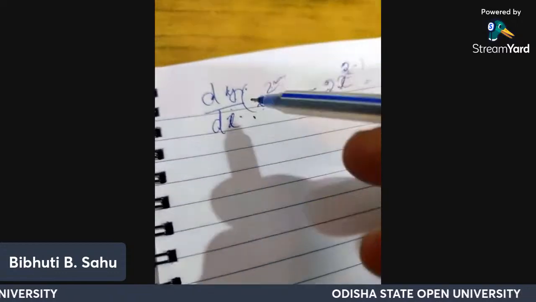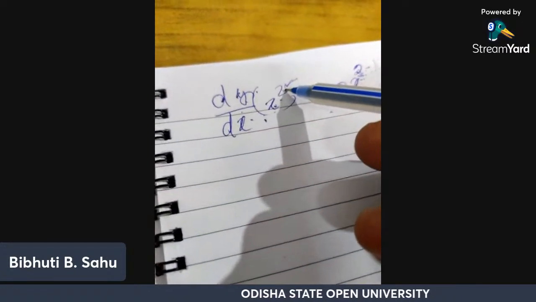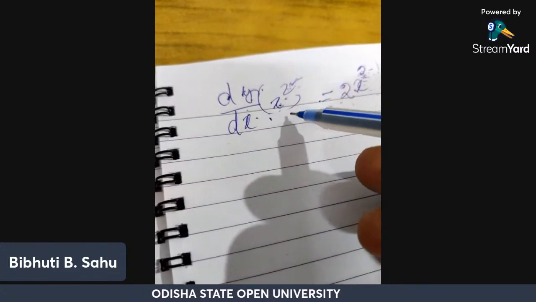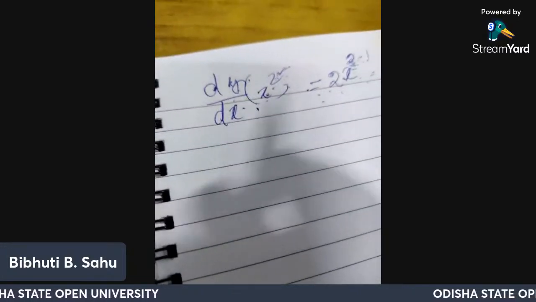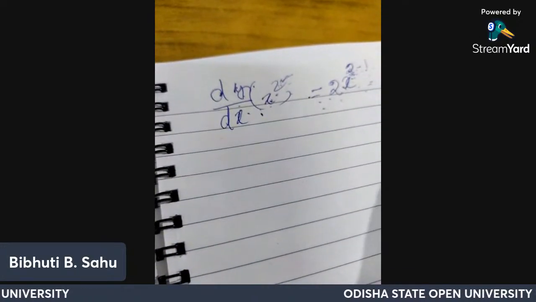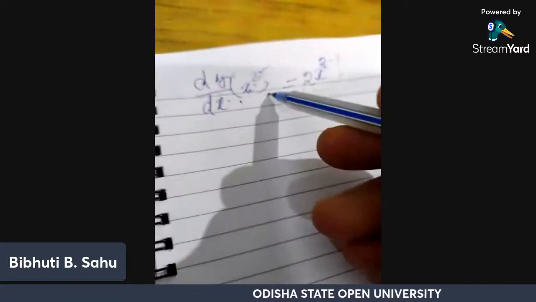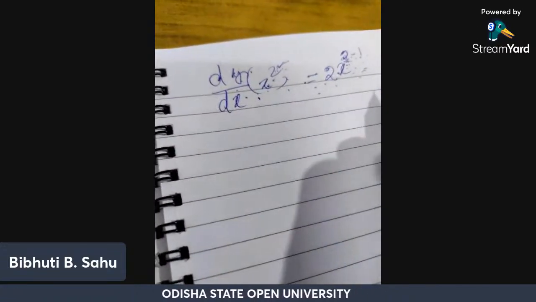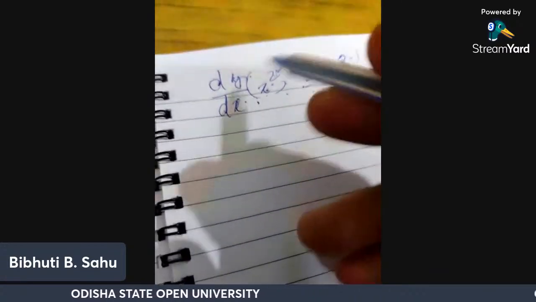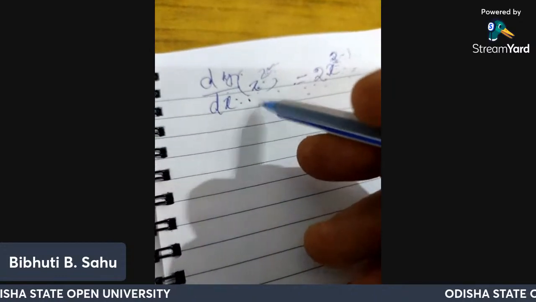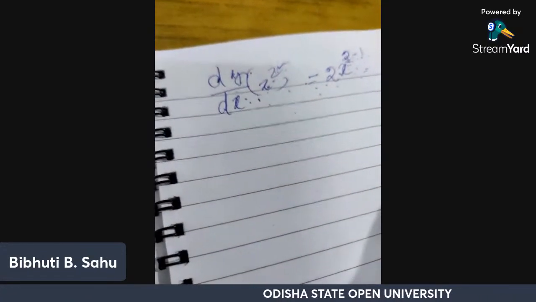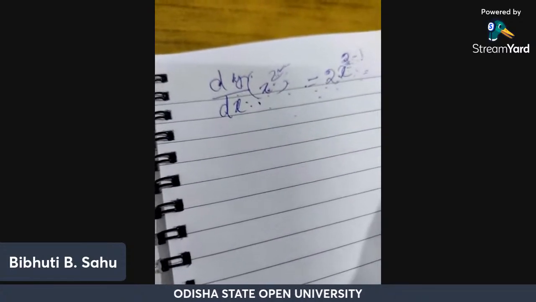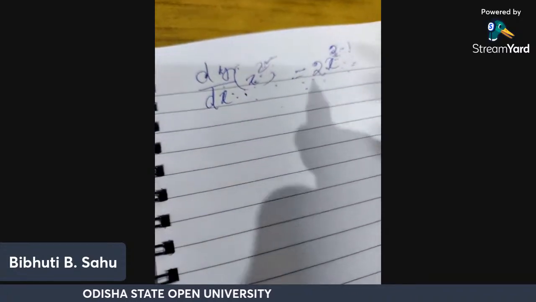So when we have a function in the form of addition or subtraction, the derivative of that function with respect to the independent variable is the sum of the derivatives of its different terms.